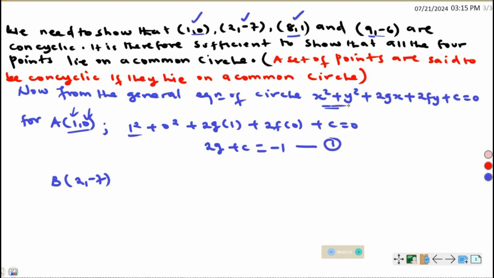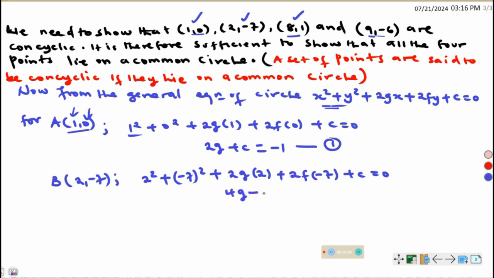Substituting within the equation of the circle, we shall have 2 squared plus negative 7 squared plus 2g into 2 plus 2f into negative 7, plus c equals 0. This gives us 4g minus 14f plus c. 4 plus 49 is 53, which when it crosses the equal sign gives negative 53. So this will be equation number 2.